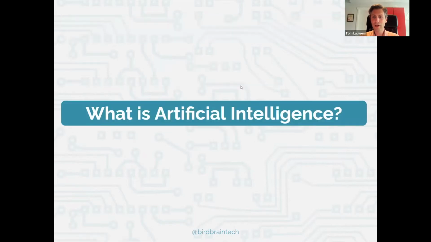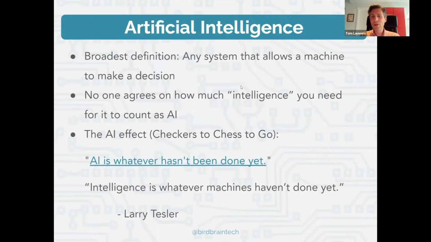Okay, so let's talk about artificial intelligence. I was trying to figure out the best way to explain this in lay terms, and the broadest definition that I found, and I like broad definitions, I have a very broad definition of robotics also, is any system that allows a machine to make a decision. That obviously leads people to think, well, does that mean my home thermostat is artificially intelligent because it detects temperature and then turns on the furnace?